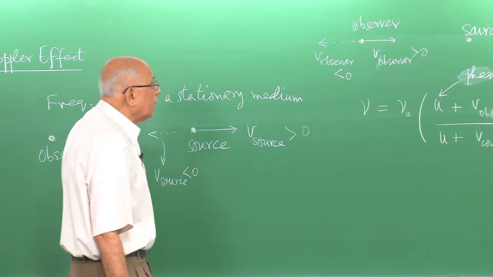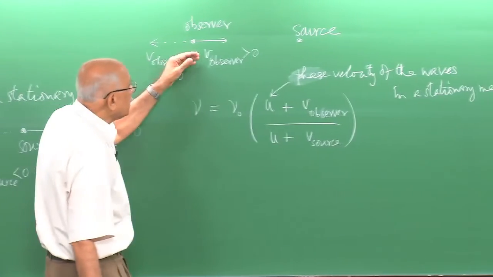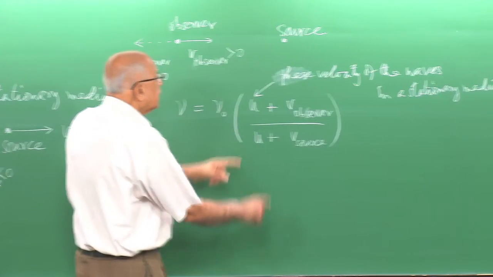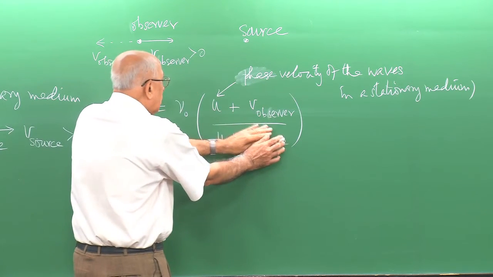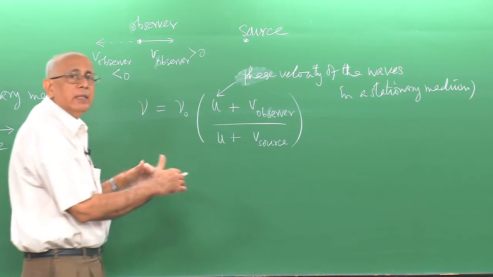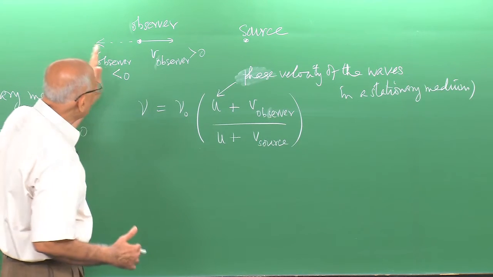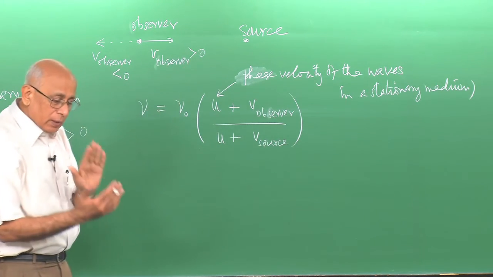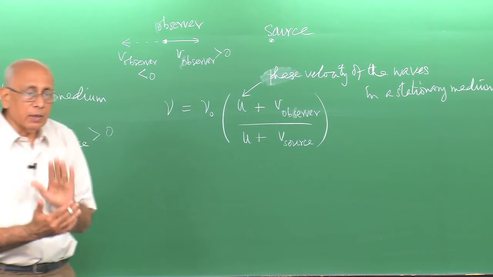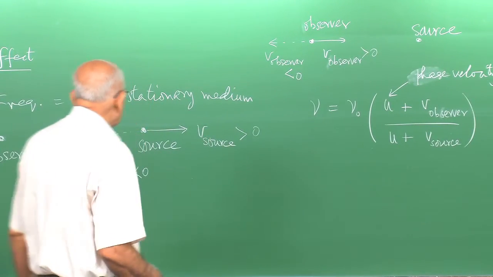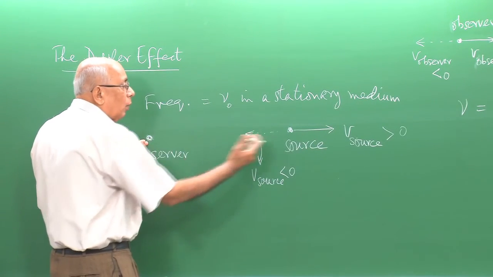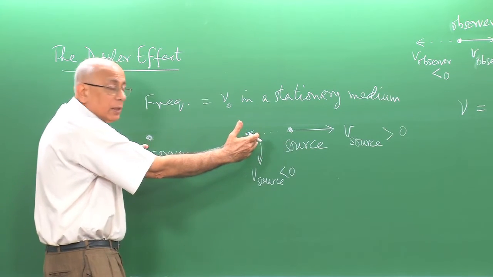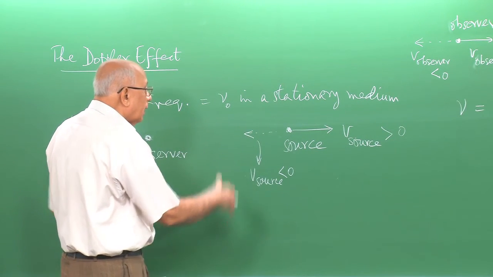So you can see physically what happens is if the observer starts moving towards the source, this is a positive number here, and if the source were stationary, that is 0. So what is happening is that the frequency is increasing, because as he moves towards the source, the number of crests that he observes per unit time is going to increase, it is going to look compressed. Exactly the same thing is going to happen if the source moves towards the observer while emitting waves at a given frequency.